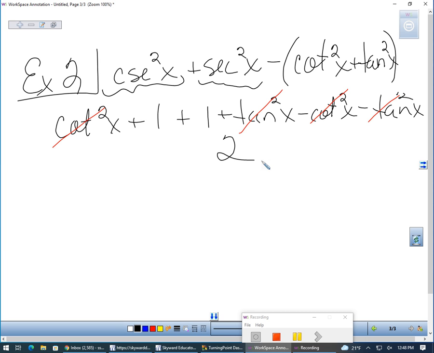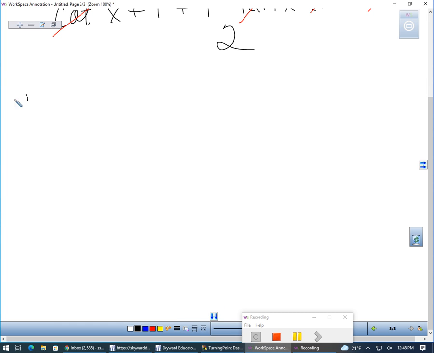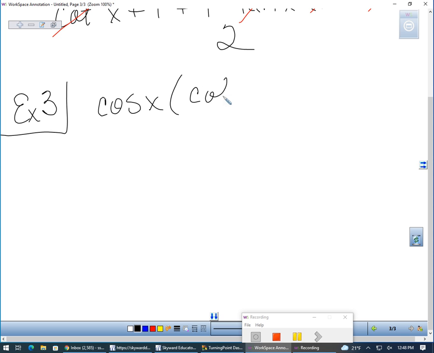All right, so let's try one a little tougher. Okay, we can do it. Here's example number 3. Let's go with cosine x times cotangent x plus tangent x.